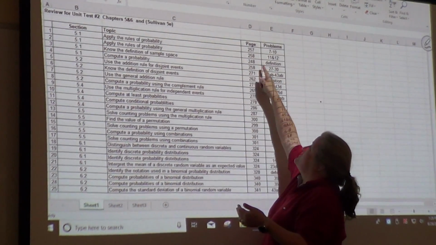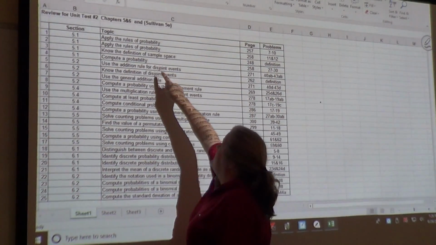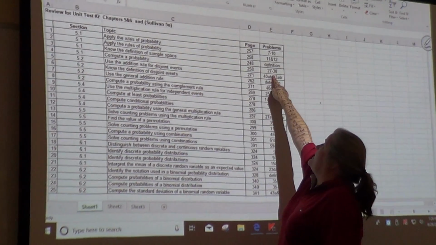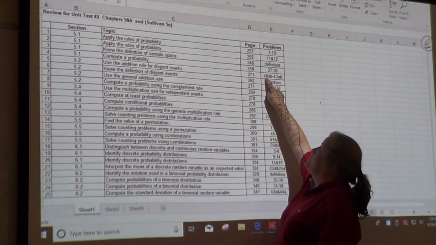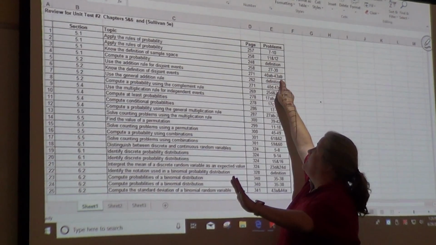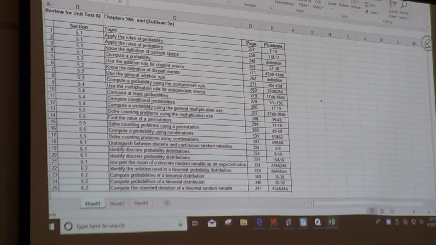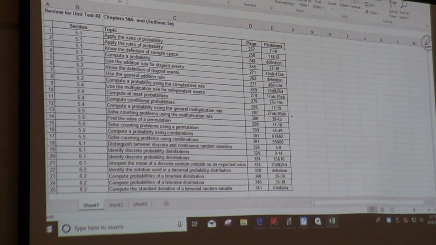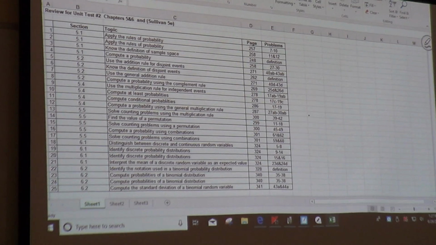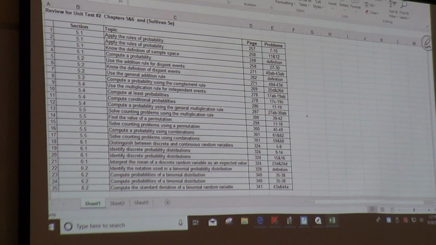Then I went to page 248 and pulled over the definition of sample space. Then I went to page 258 and pulled over 27 through 30. Then I went to this page and pulled over just parts A and B for 40 to 43. Okay? I'm not going to do this for any other test, but this is just to show you what you need to be doing, because these probability problems, you just need to practice them.